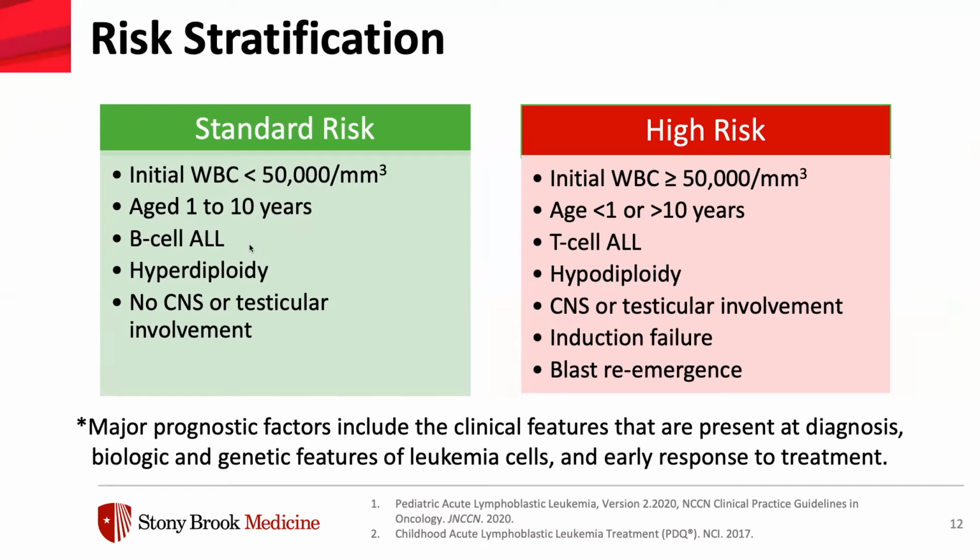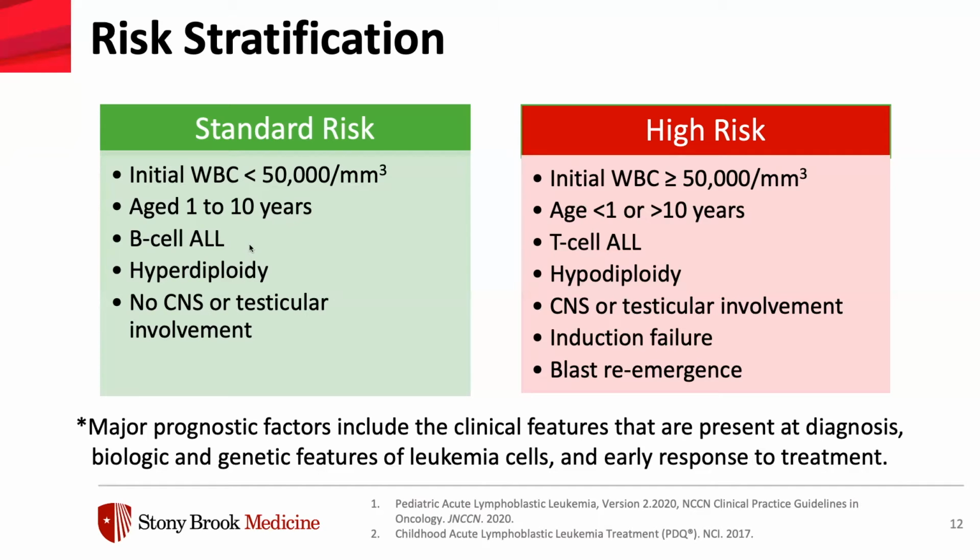Children aged 1 to 10 years old are also standard risk. That's usually because they have more favorable cytogenetics in this age group that respond a little bit better to treatment and have the best event-free survival. B-ALL patients are also put in standard risk versus T-cell ALL, which is put more into the high risk category.